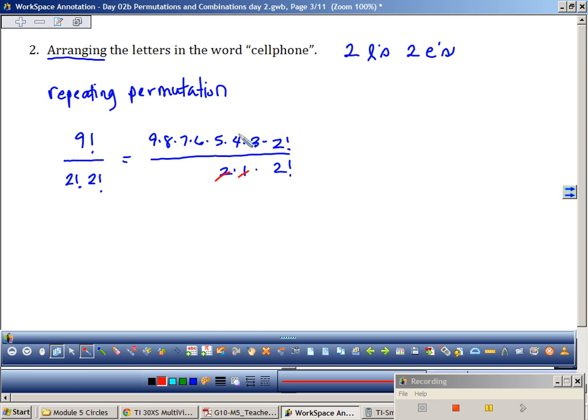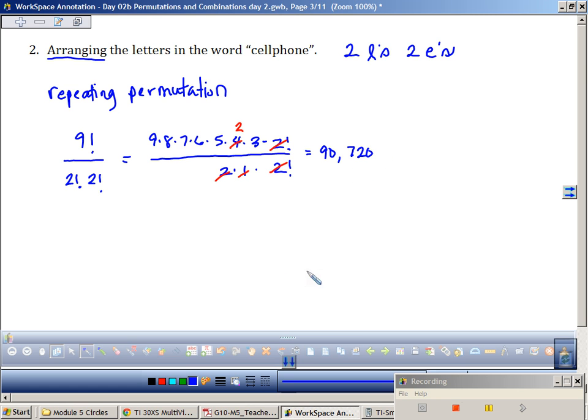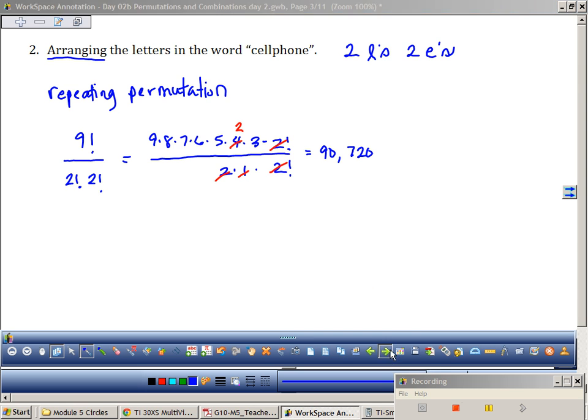The 2 and the 1 cancel with the 4, and I'm left with a 2. My 2 factorials cancel. And if I put that in a calculator, I'm going to get 90,720. Write that down if you'd like. Pause.